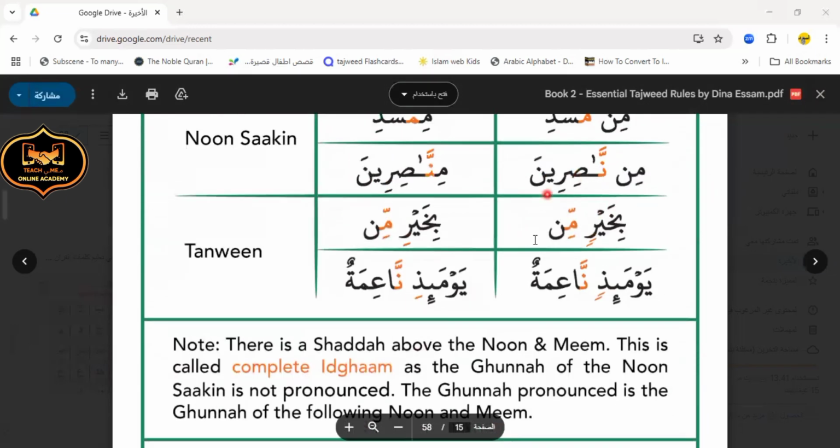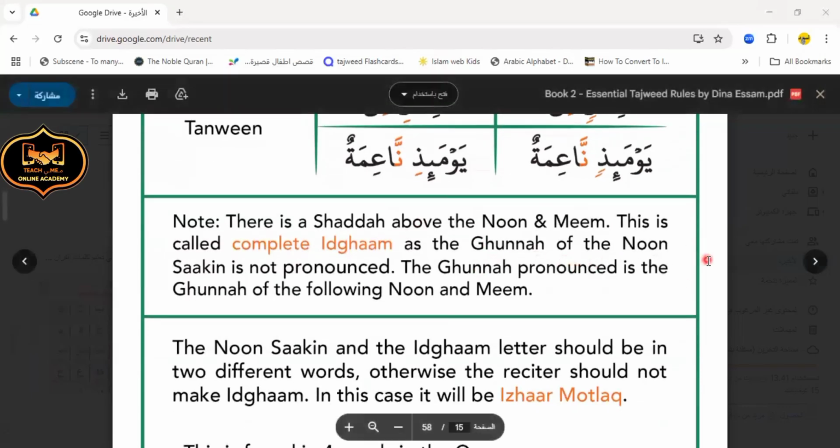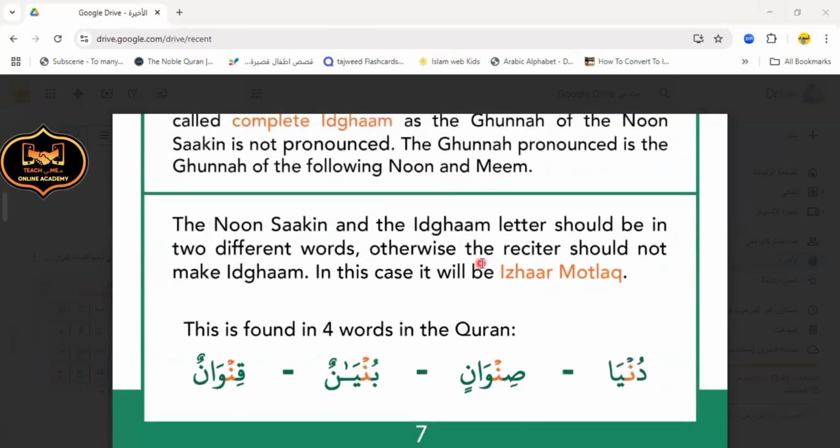So we call these two letters, noon and mim, complete idgham. Why? As the ghunnah of noon sakina is not pronounced. The ghunnah pronounced is the ghunnah of the following noon and mim, because we know from when we explained the rule of mim and noon mushaddada, they have ghunnah with them already.